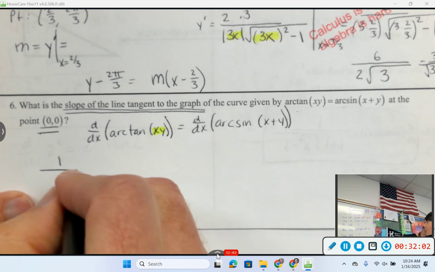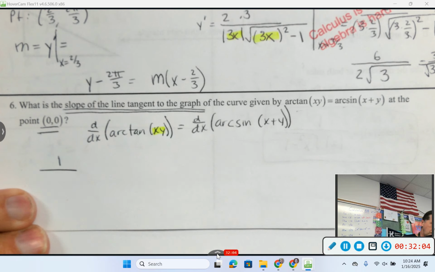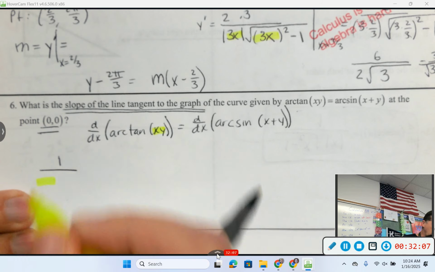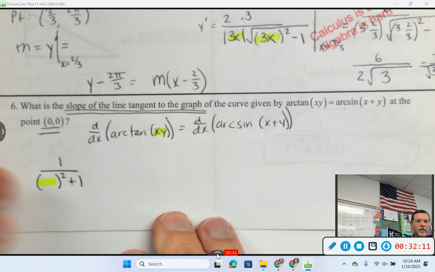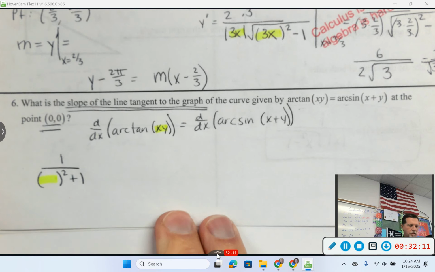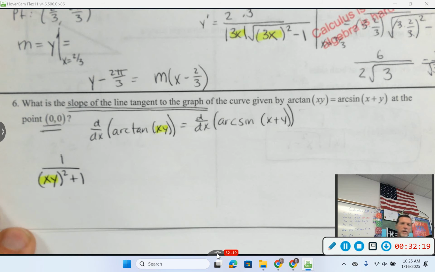That's 1 over, be careful, our formula says x squared, but what we really mean is argument squared. So what am I squaring right there? xy.